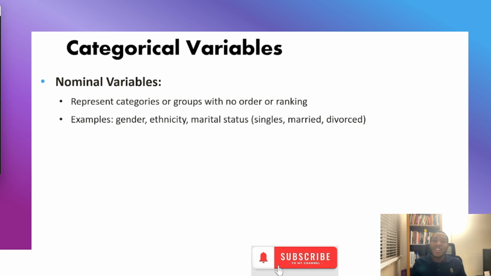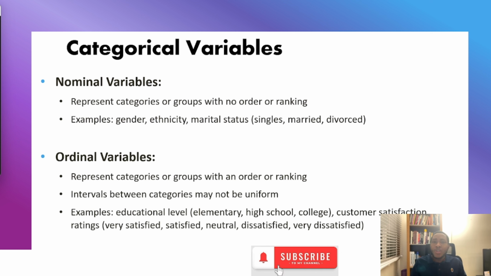But we also have another form of categorical variables that are categories, but they are ordinal variables. Ordinal variables are categorical variables that we can order, categories that exist in some hierarchical form. So an example of that is the level of education variable.